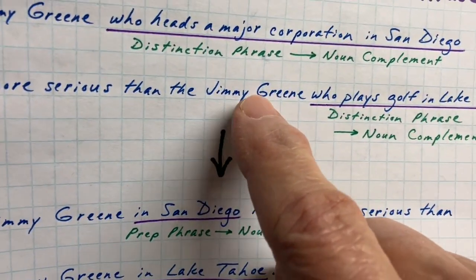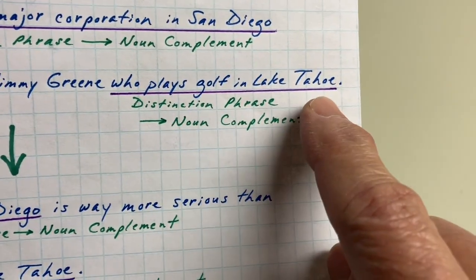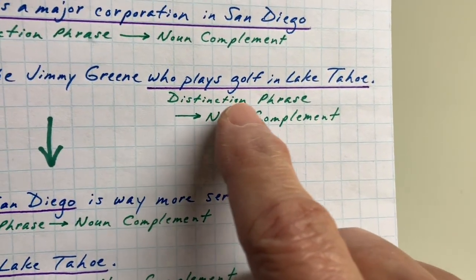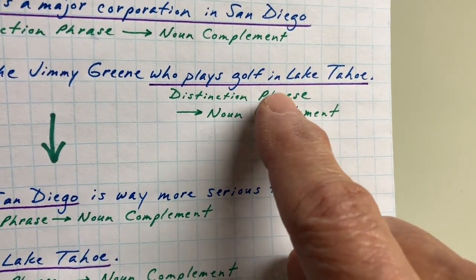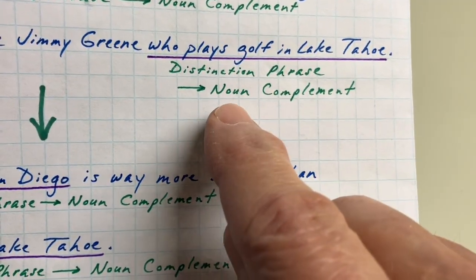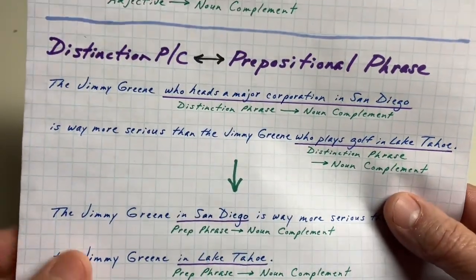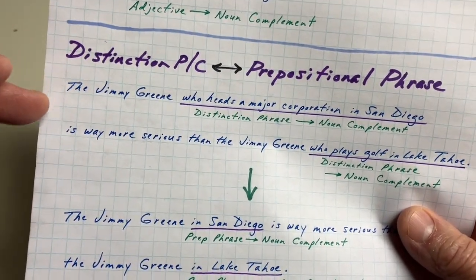And then down here you see the other Jimmy Green who plays golf in Lake Tahoe. So who plays golf in Lake Tahoe is your distinction phrase, or you'd probably call it a relative clause, all right? But that structure is functioning as a noun complement.